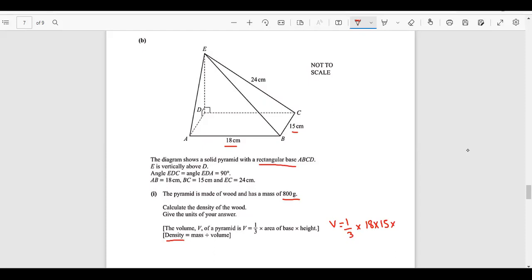It says E is vertically above D. Okay, so it means that ED is basically your height. So please tell me, how do I find this height? Pythagoras theorem. Very well done.